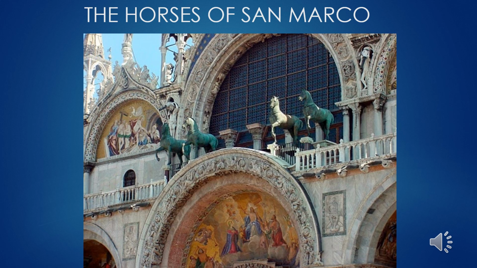So this was a Roman statue cast in bronze that would have been four horses pulling a figure in a chariot. And again, this was taken as some of the wealth that they brought back from the Crusades to their city. So this now has become one of the symbols of San Marco Cathedral, the quadriga.